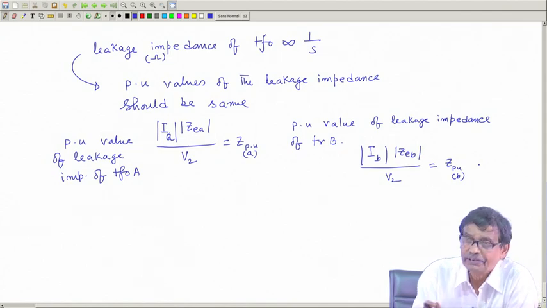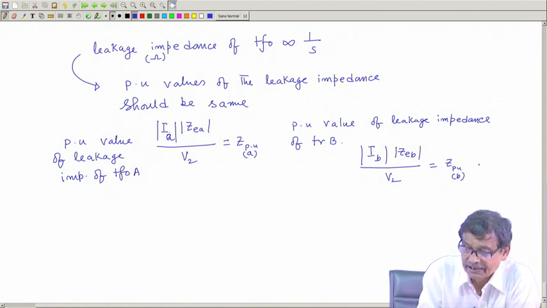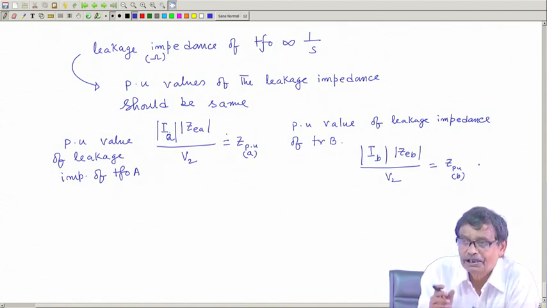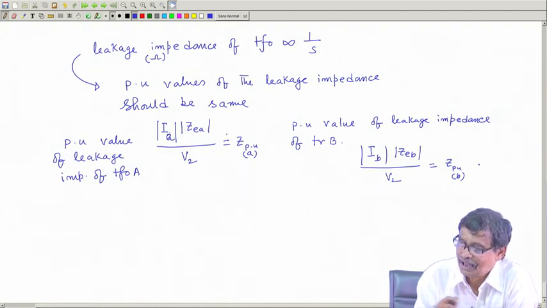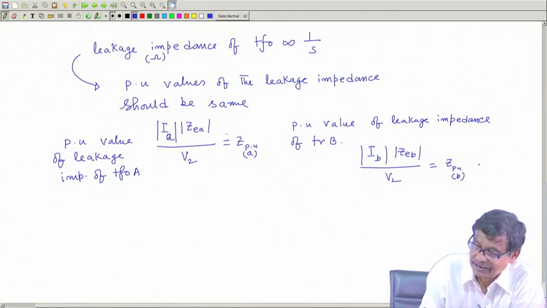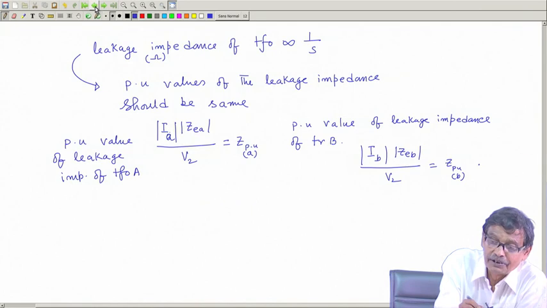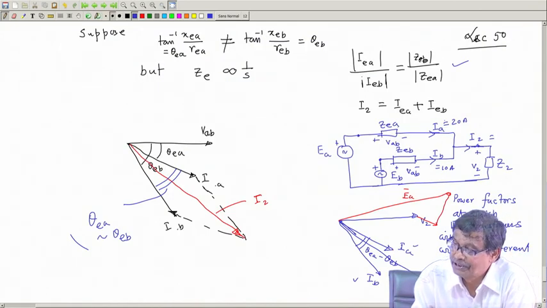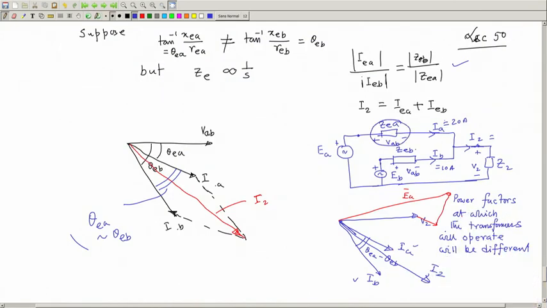Are not these two the same? What is IA into jXA? The voltage across jXA and the voltage across jXB, there is no point in redrawing, in volts they are the same. This voltage minus this voltage is this voltage, in case EA equals EB.